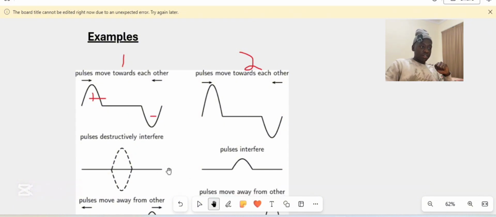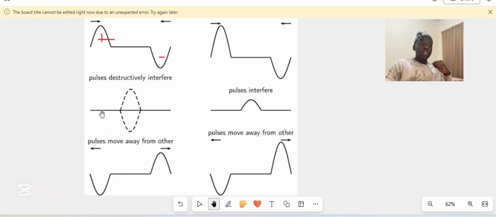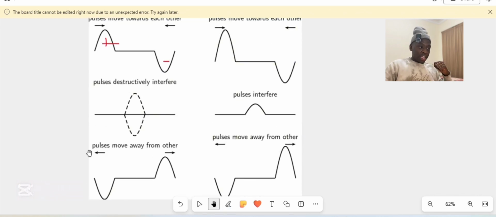So when these pulses meet, since they have the same height, the same amplitudes, they will destructively interfere, meaning that they will have no amplitude, since they minus each other. After the interference, they regain their original directions and their original amplitudes. As you can see here, they regain their original directions and their original amplitudes.